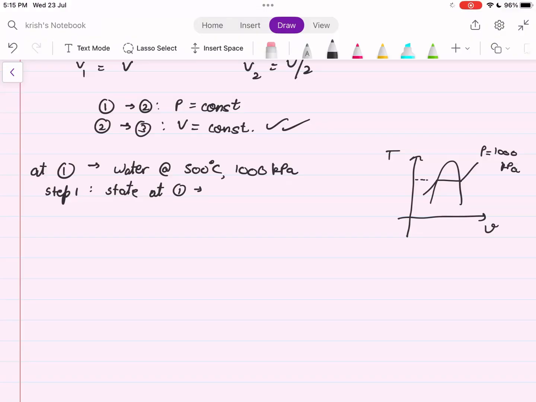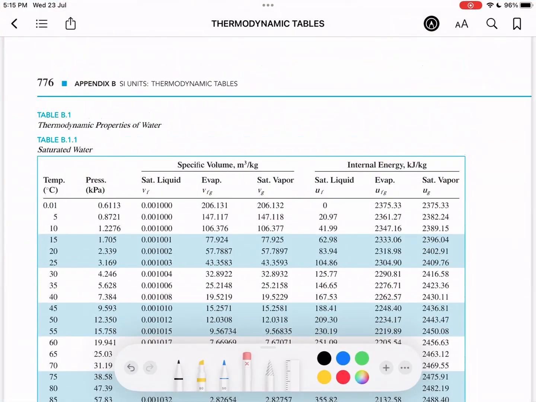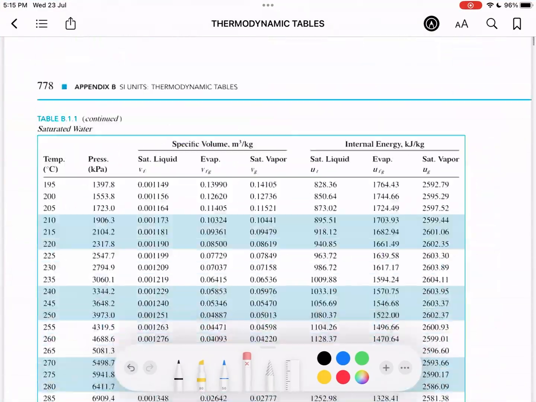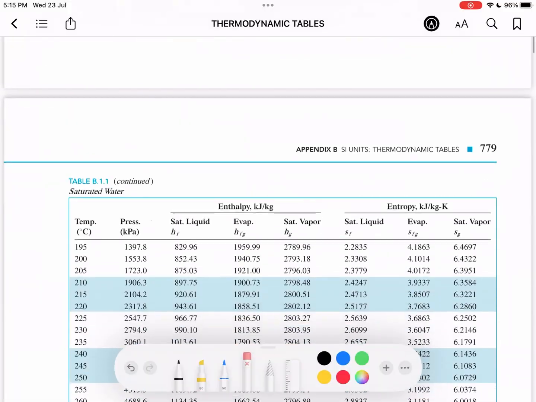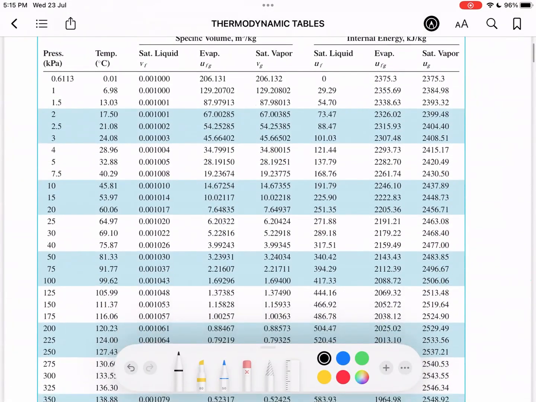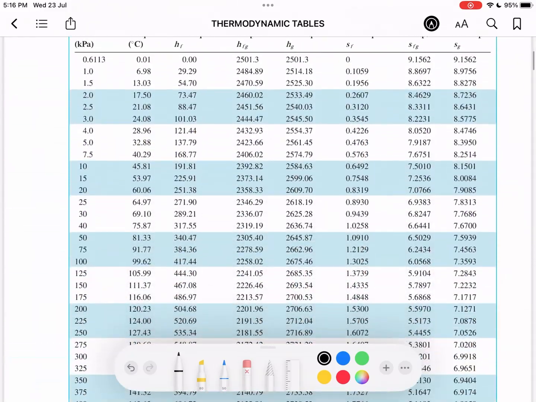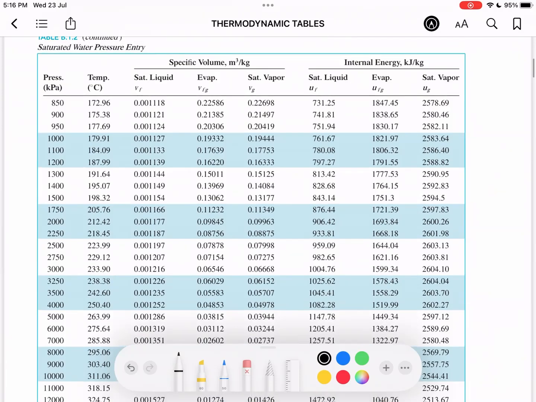At 1000 kilopascals, what is our saturation temperature? Let us look at the thermotables. We want the saturated water pressure entry, right? Because we are using 1000 kilopascals to find the saturation temperature. So at 1000 kilopascals, our saturation temperature comes out to be this much.